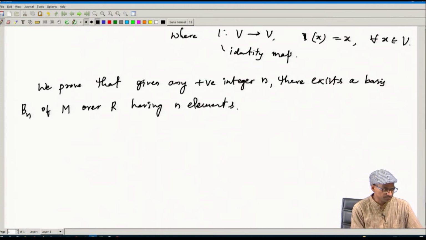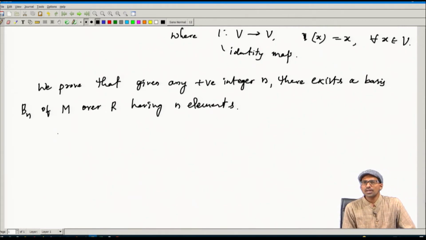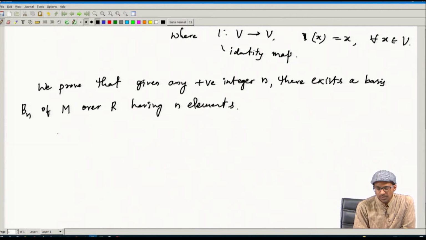For that, let me start. We started with a vector space of countably infinite dimension, so let me start with the basis.